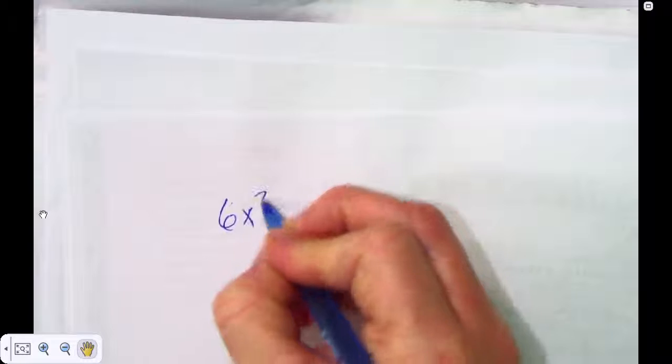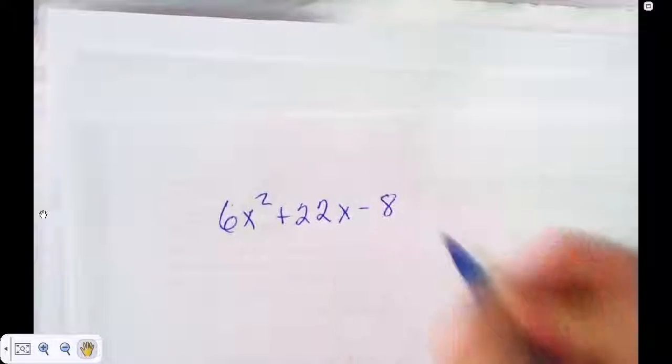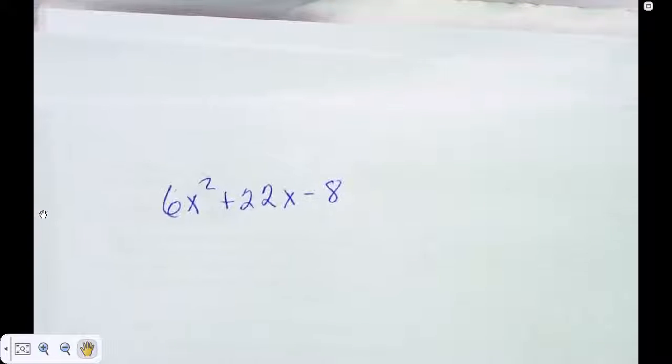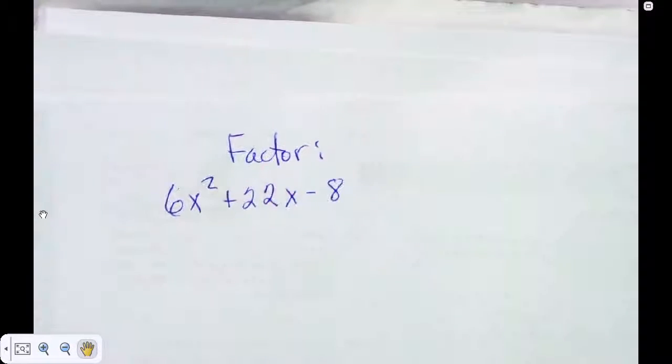Okay, write this in. The directions for this say to factor it. What are you going to do first? Anytime it says factor, what should be running through your mind?